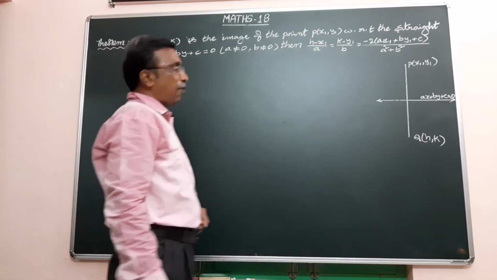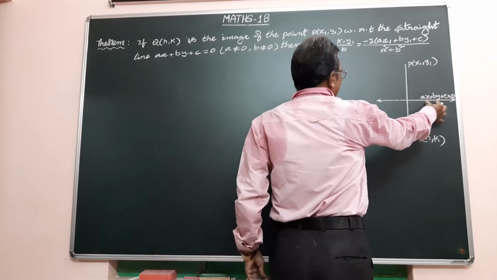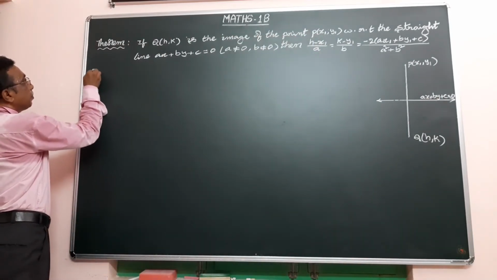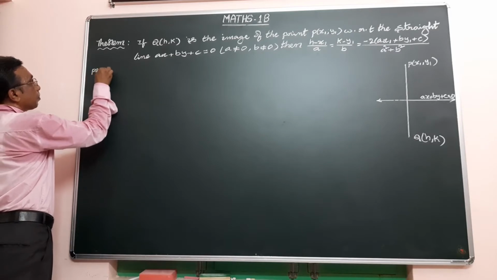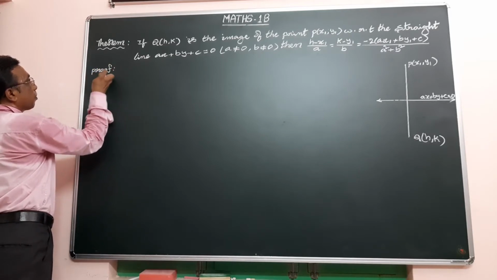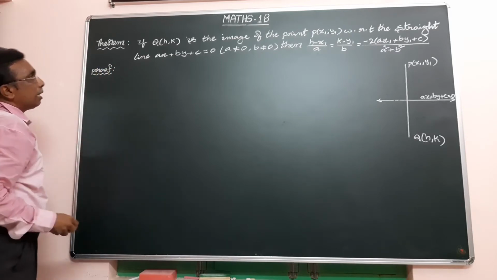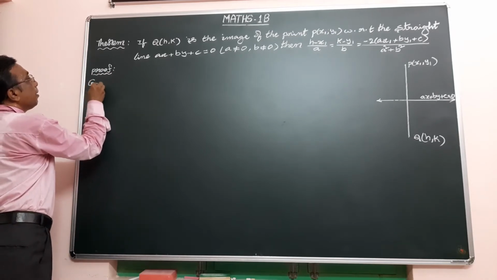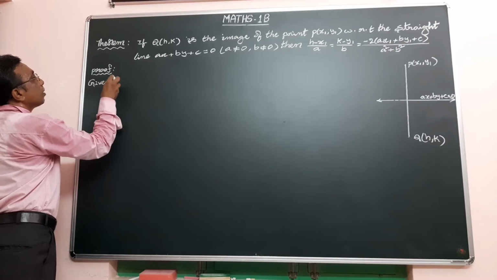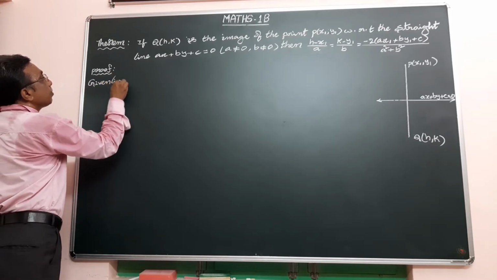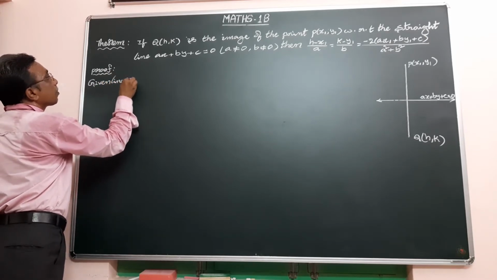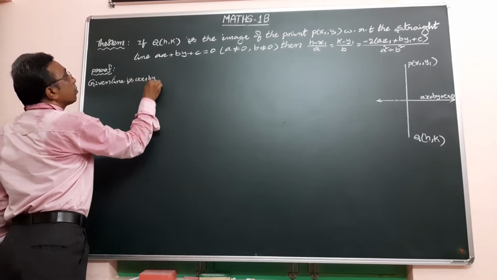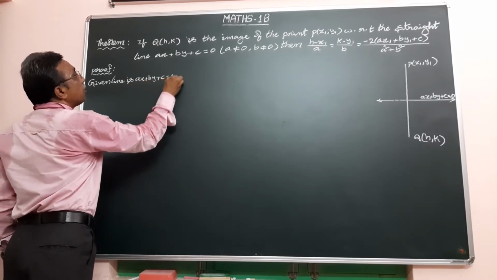Okay. First of all, we take the given line equation. Proof. Given line is ax plus by plus c equal to 0.